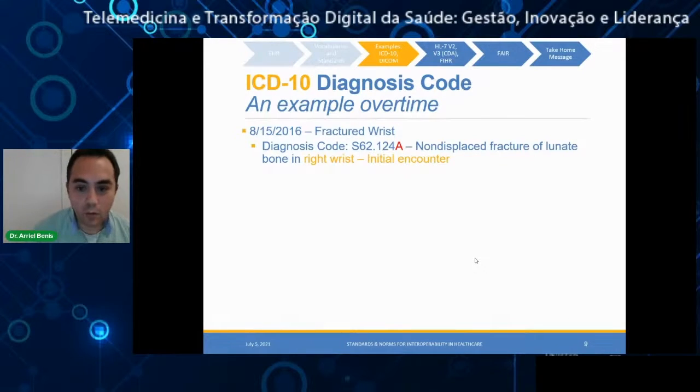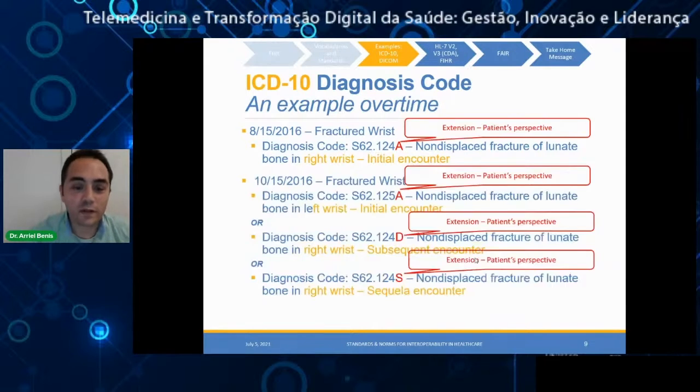For example, here we have an event which happened in 2016, a fracture of the wrist, and we can encode with a higher degree of precision what really happened. We know, according to this code, that it's a non-displaced fracture of the lunate bone in the right wrist, and that it is the initial encounter.